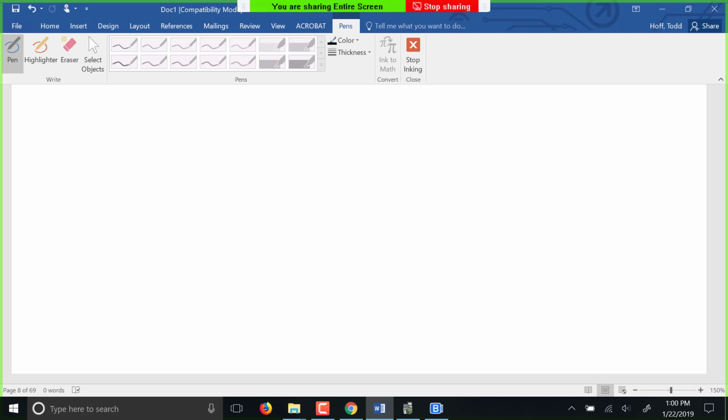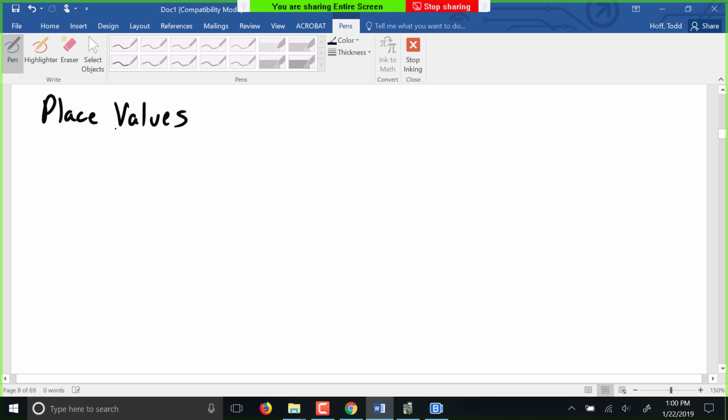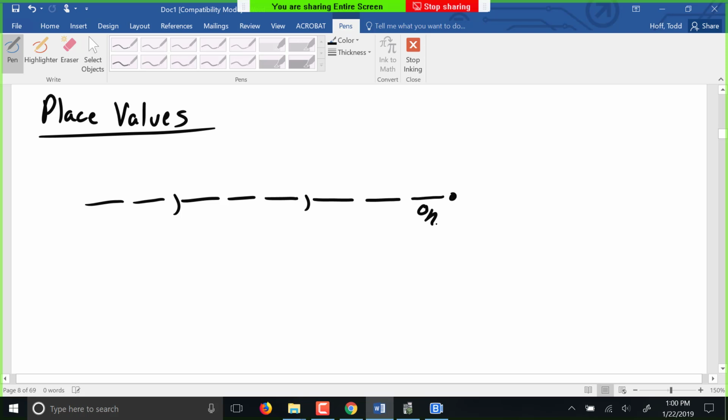We saw the place values came into play when we did our basic operations. Our basic place values, if we start at the decimal point and work our way to the left, we have the ones.